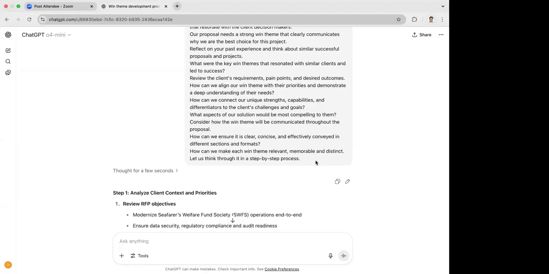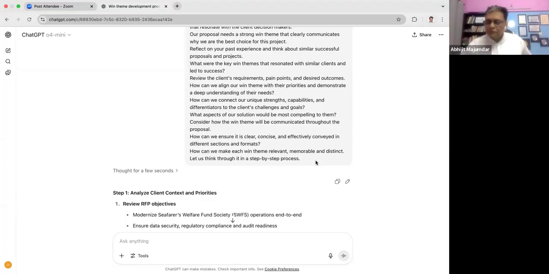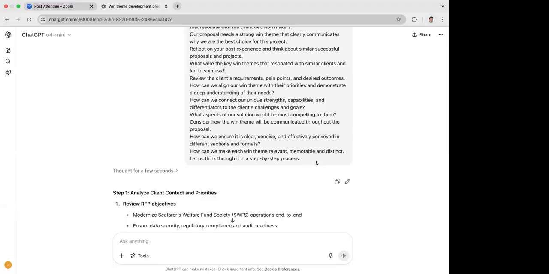Okay, anyone else, any questions? Abhijit, one question. Let's say we have prepared the win themes, and we have identified the go/no-go decisions with the help of LLMs and internal team stakeholders. Now LLM is helping me prepare the proposal, which took me days to complete, and within a few minutes or hours it has been prepared.